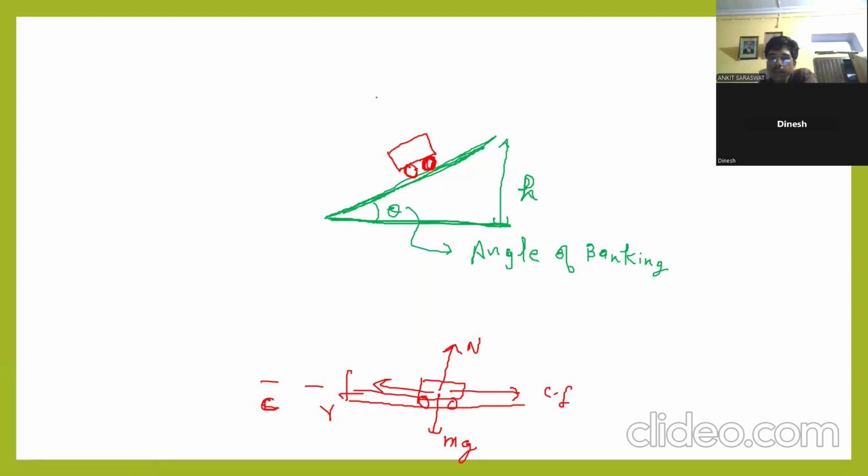Let this be theta. This is the normal. This normal is making some angle; if you look carefully, this is 90 and this is theta. Clear?